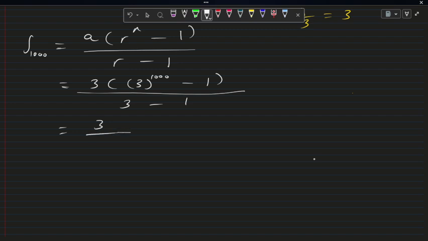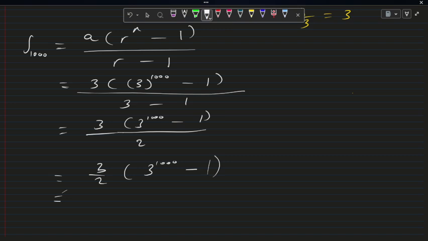So it'll be 3 into 3 to the power of 1000 minus 1, and then it'll be divided by 2, so it'll be 3 over 2, 3 to the power of 1000 minus 1. Okay, and then we can use our calculators to evaluate this particular situation.